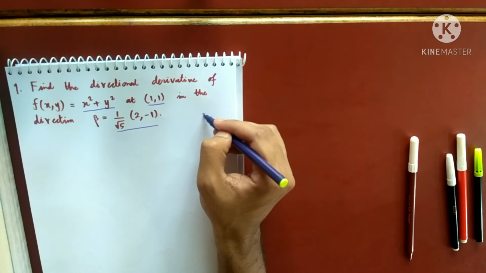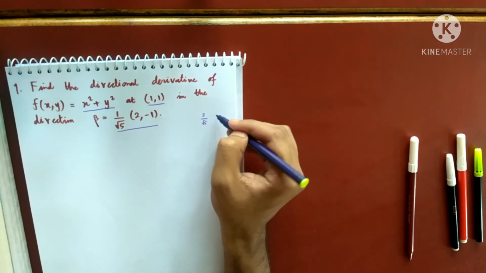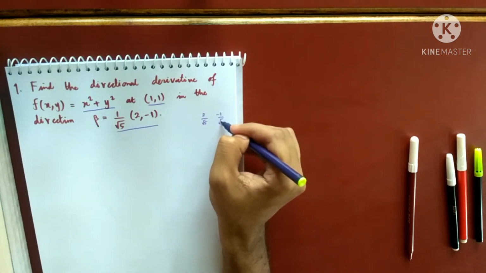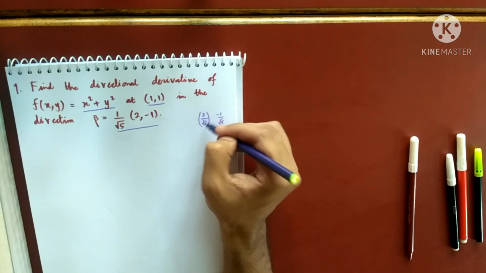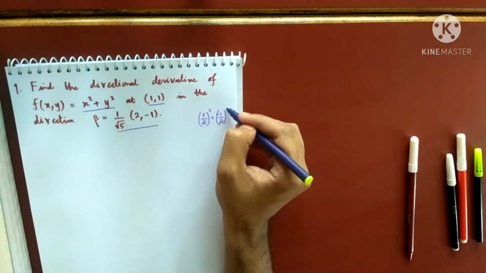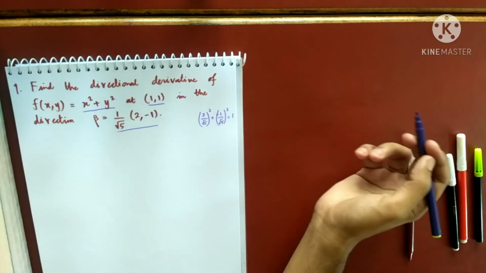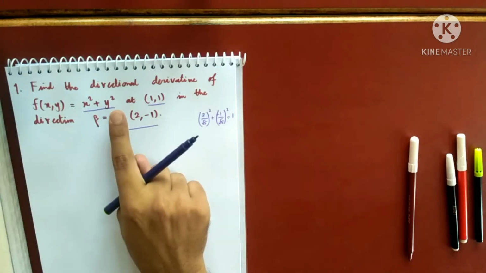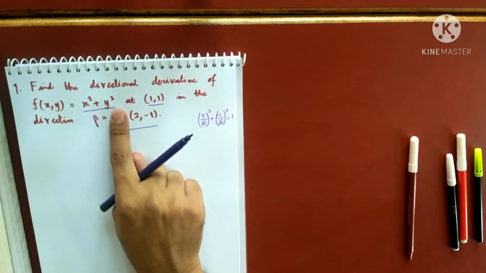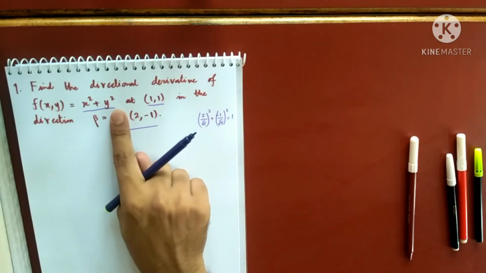So here L is 2 by root 5 and M is minus 1 by root 5. You square and add them and you see that that is coming as 1. That means that is a unit vector. Right? The modulus is coming as 1. Suppose they had not given this. Suppose they had said in the direction this.